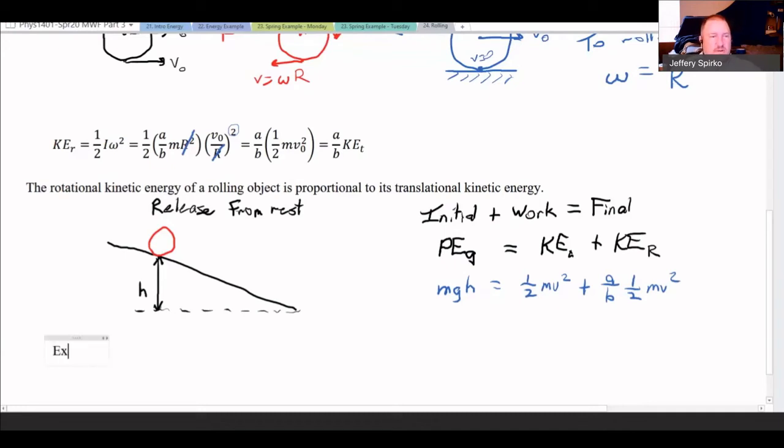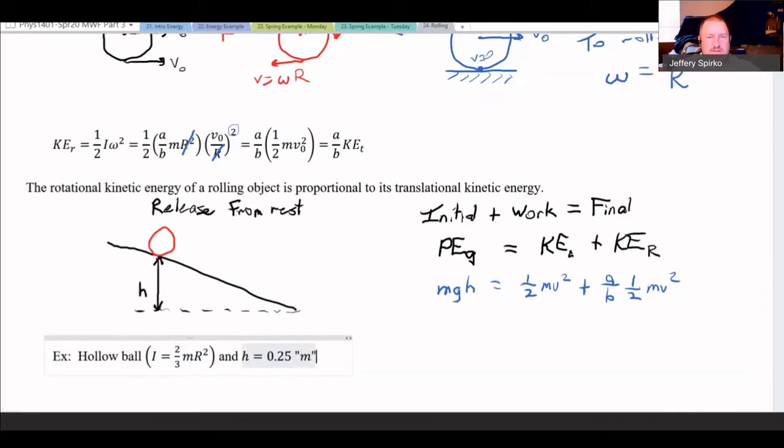So let's make it a hollow ball, which means that I equals 2/3 mr squared. And h equals, let's go with 25 centimeters, so 0.25 meters.